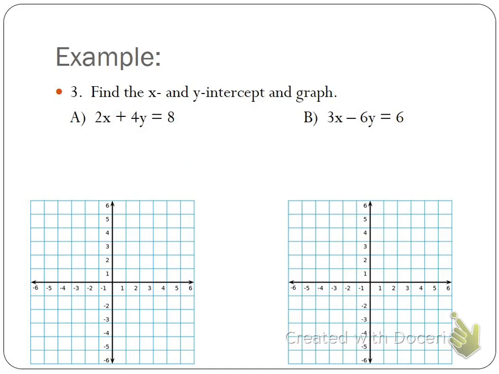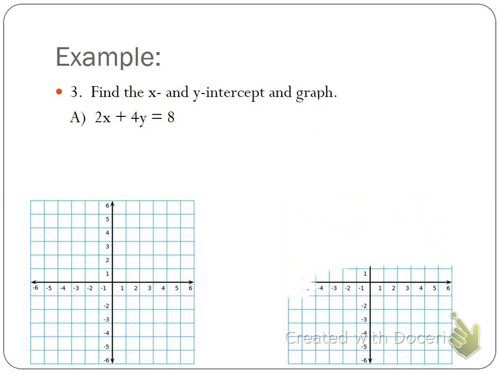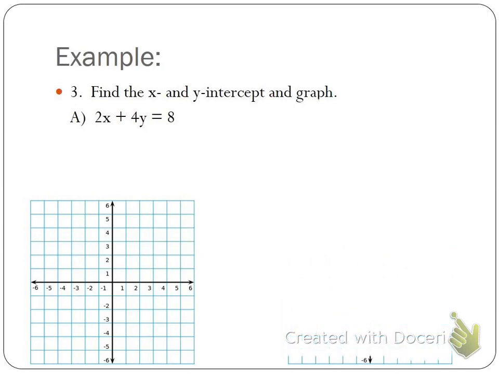Alright, for our examples, we are going to find the x and y intercepts and then graph. Once again, to make room, I'm going to take away b to have room to do a, and then I'll swap. It does not matter to me which intercept you find first or second.